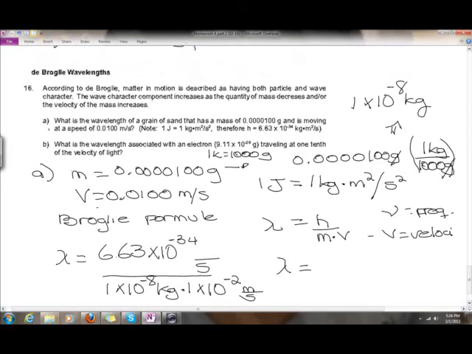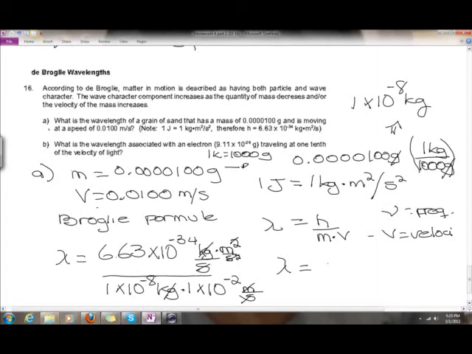Okay, and joules we know is kilograms multiplied by meters squared per second squared. Now, kilograms and kilograms cancel out. The seconds cancel out, and meter cancels out with meter, and you have meter on top.